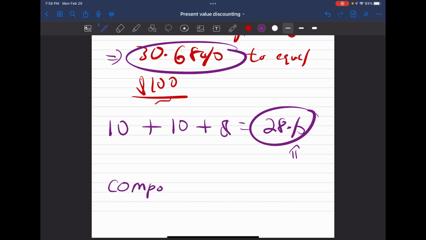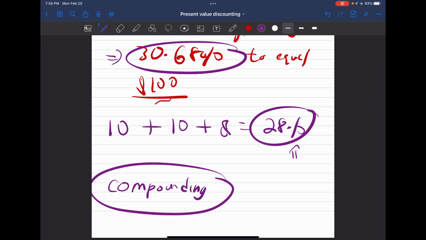What do I mean by compounding? It is because the interest you gain for the first year, you don't take it out. You still put it in that account, and because of that, you are earning interest on interest. See that? You're earning interest on interest. Think about it.